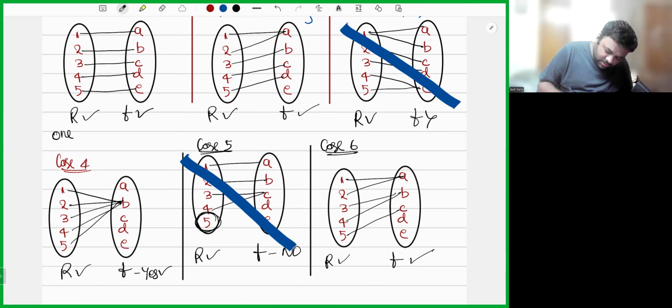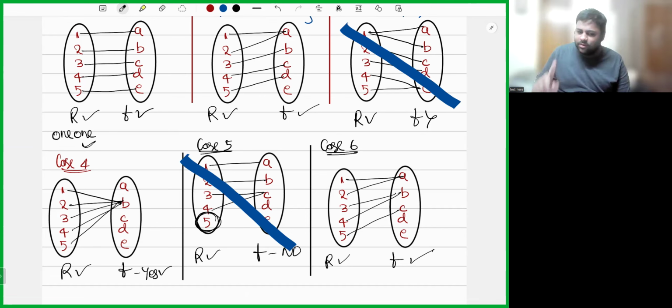Is it a one-one function? Yes. 1 to 1. One element is mapping to one element. Is it a one-one function? No, sir, it is not. Why is it not a one-one function? One element should map only with one element. Is it a function? Yes, it is a function, but it is not a one-one function.